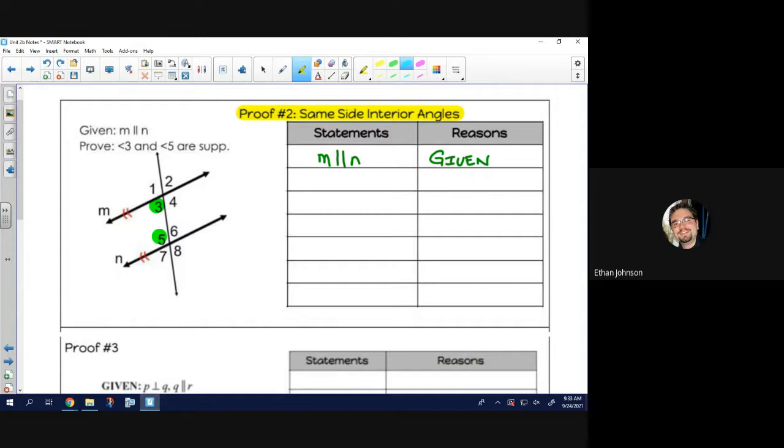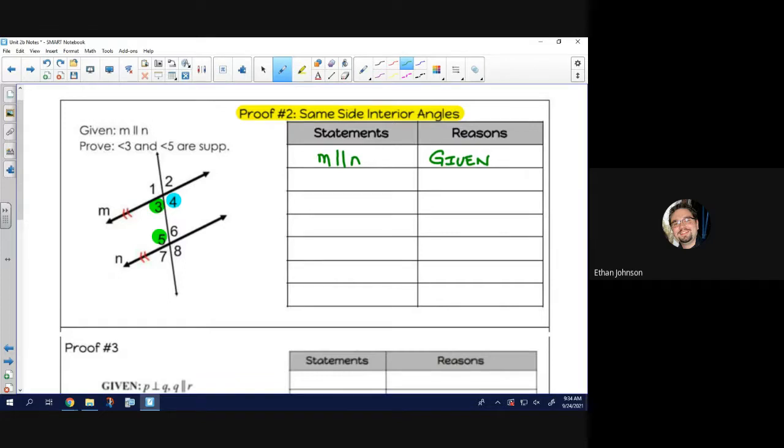So I could say, I want to deal with angle 4. Those are the 3 angles we're going to deal with. We're going to ignore the others. So there are 2 relationships between angle 3 and 4 or angle 4 and 5 that we can say.